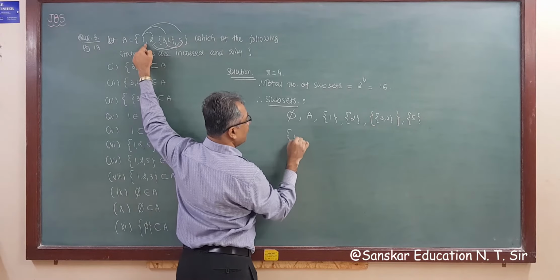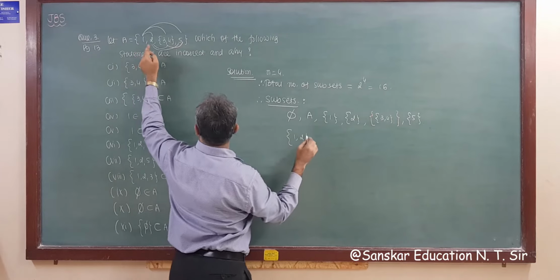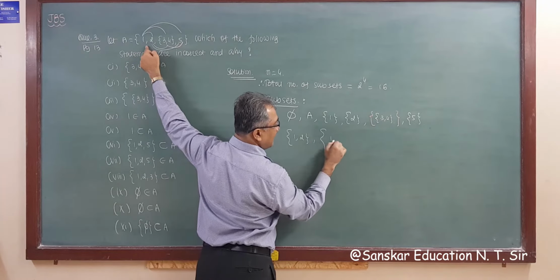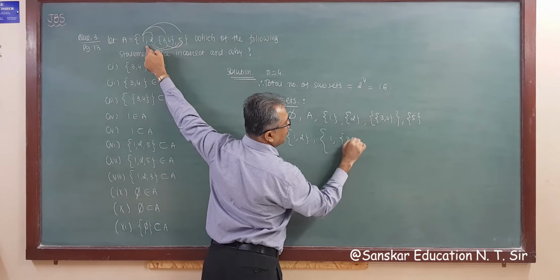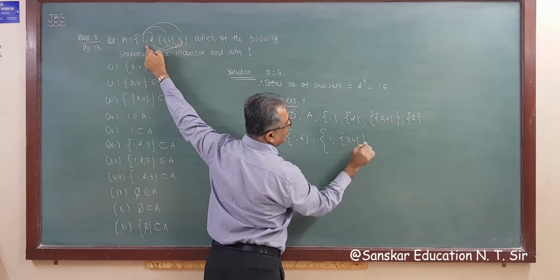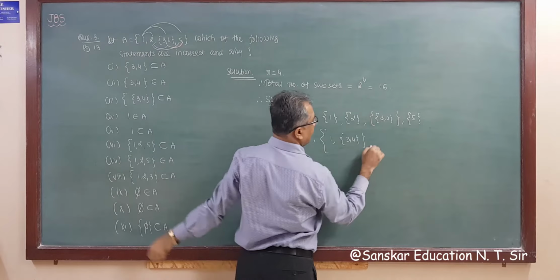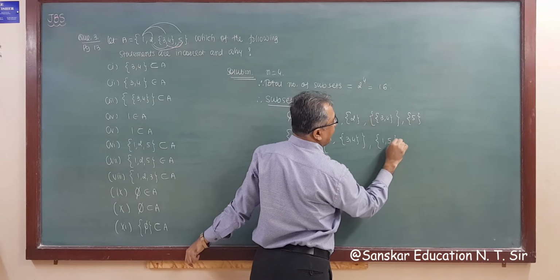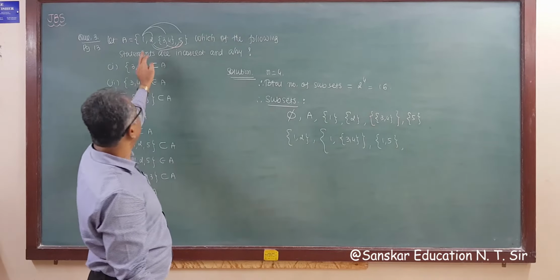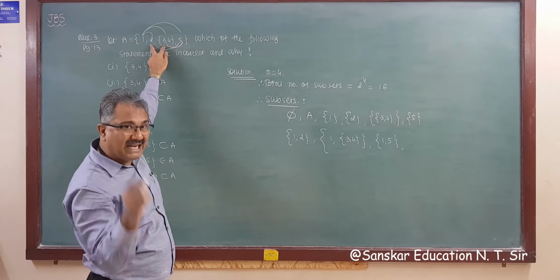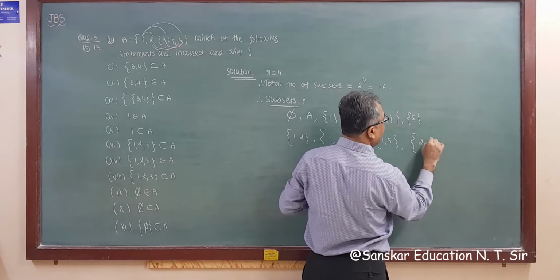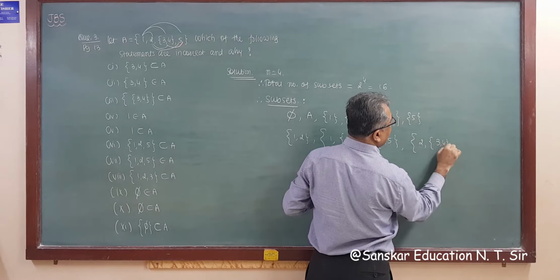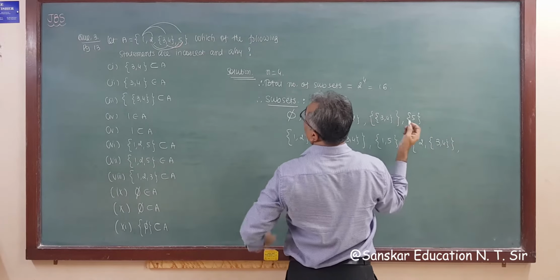So first 1 and 2, then 1 and the set 3 and 4, then 1 and 5. Now it's the turn of 2. So 2 and the set 3 and 4, then 2 and 5.